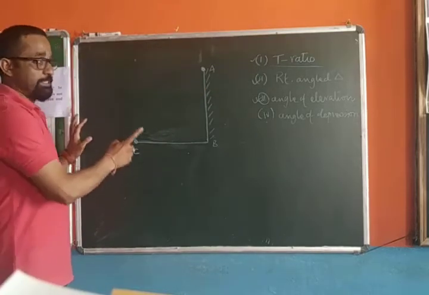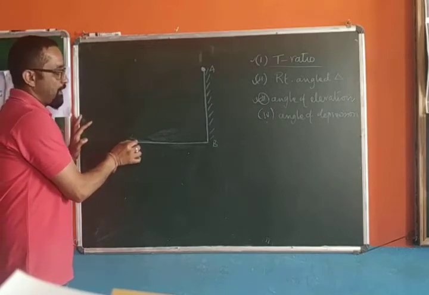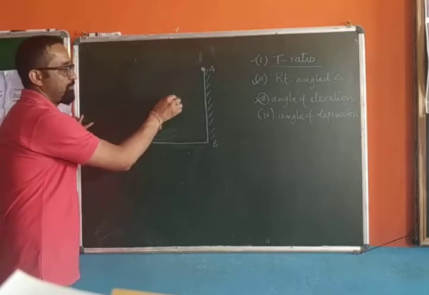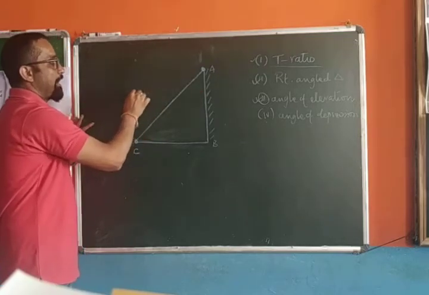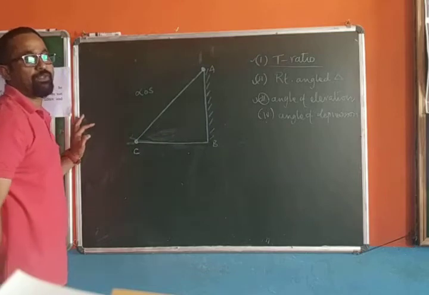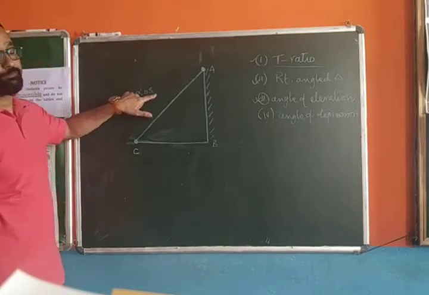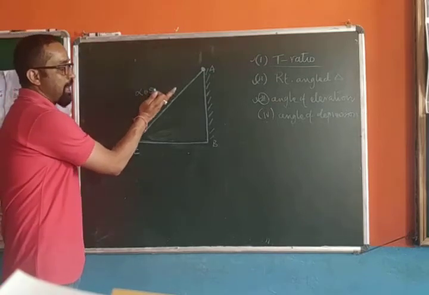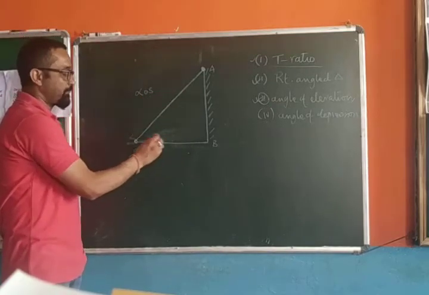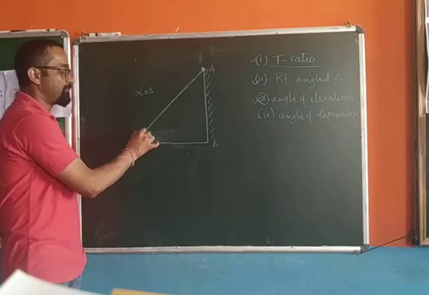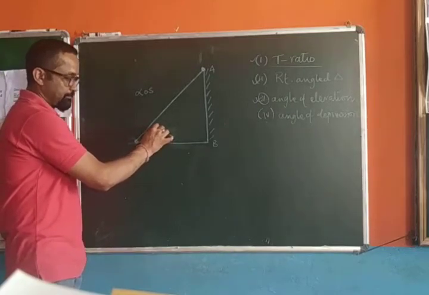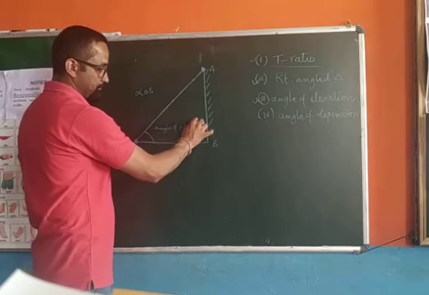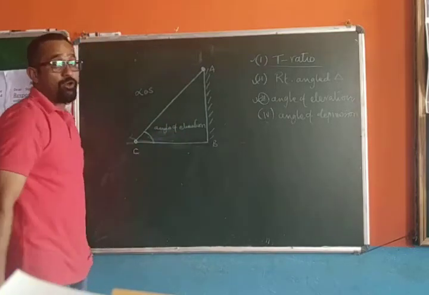The line which is getting formed between his eyesight and the top of the tower is called line of sight. And the angle formed between line of sight and the horizontal line is called angle of elevation.